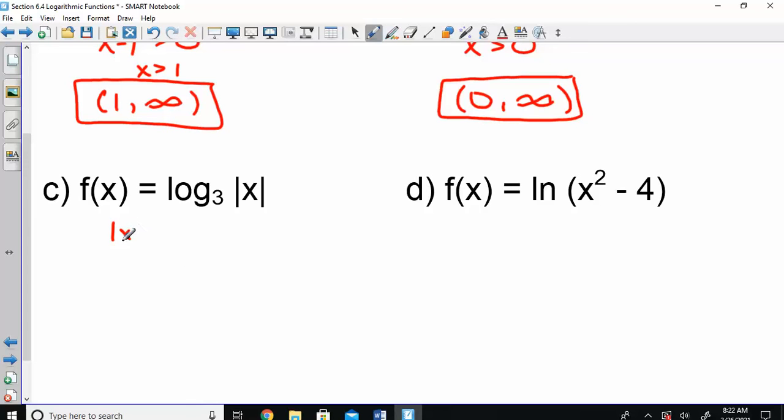This tells me the absolute value of x has to be greater than 0. Now that's a little more tricky, right? We don't really know how to necessarily solve that. But we have graphed absolute values, haven't we? What's an absolute value graph look like? It's a V. You have (0, 0), (1, 1), (2, 2), (-1, 1), (-2, 2).